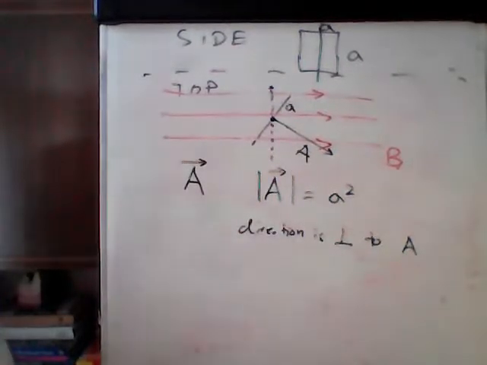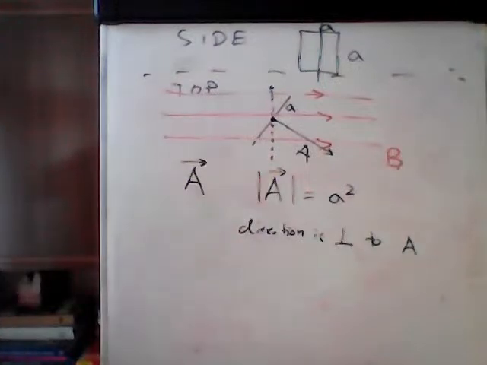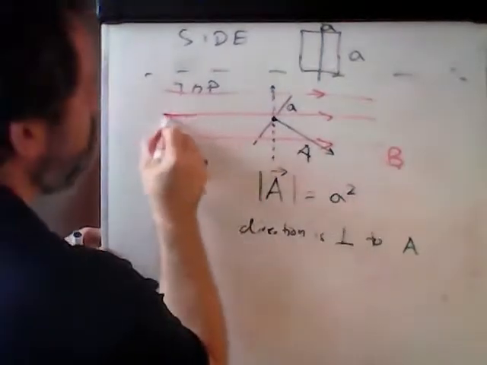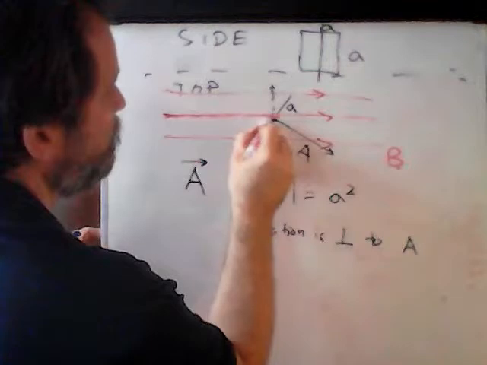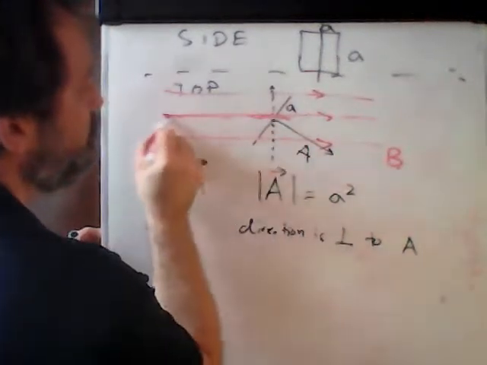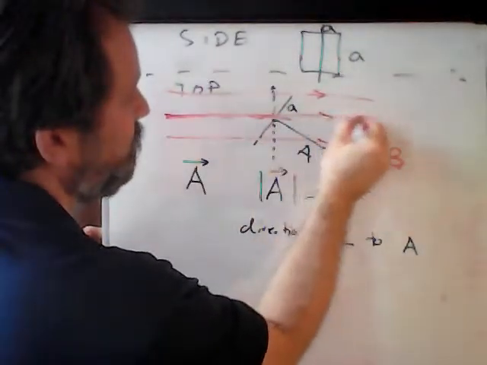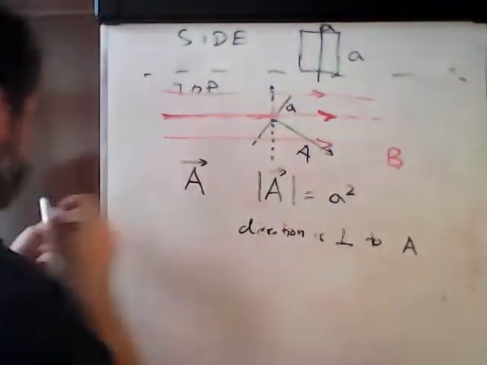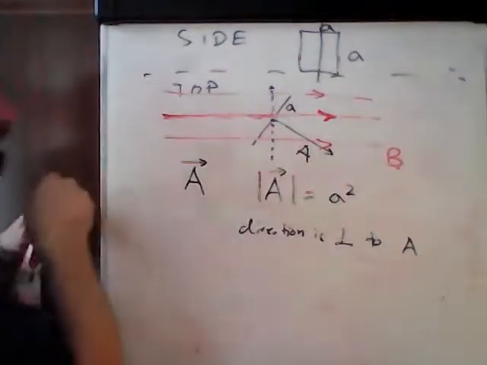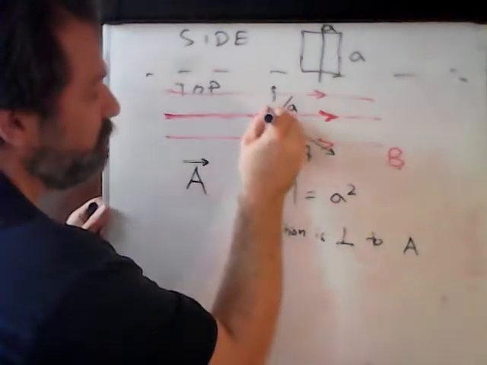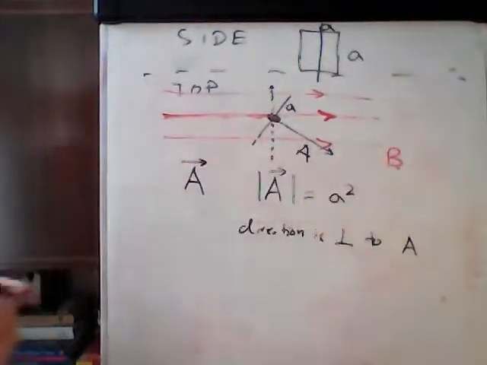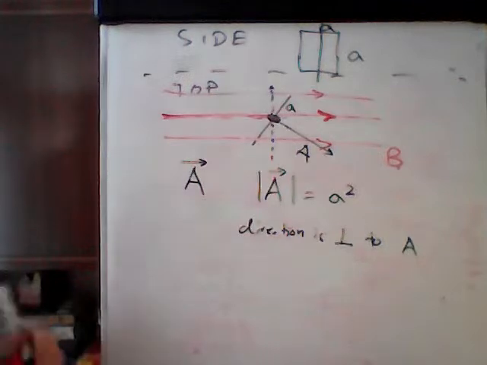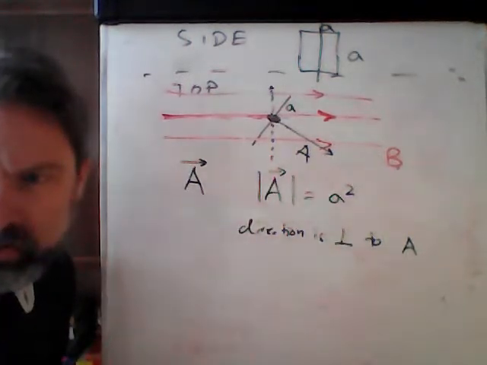That's a little awkward, so I'm going to make that little red line thicker and have it go through there, otherwise it's hard to see the angle. Okay, there we go. Hope that's helpful. So we have an angle here.